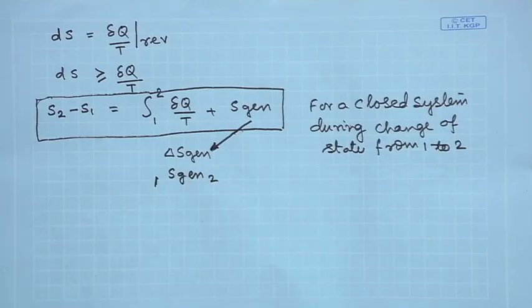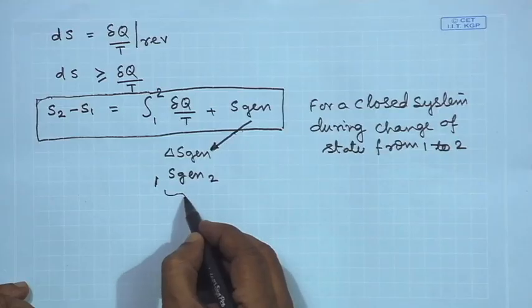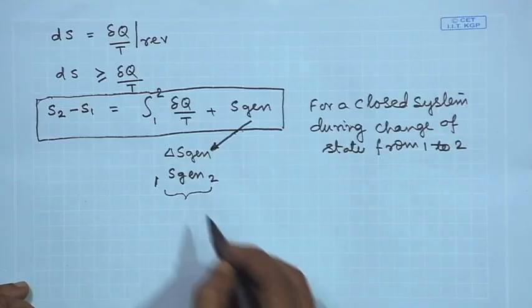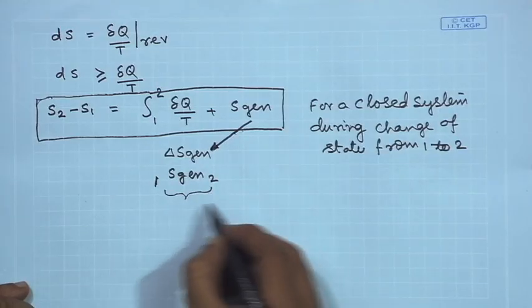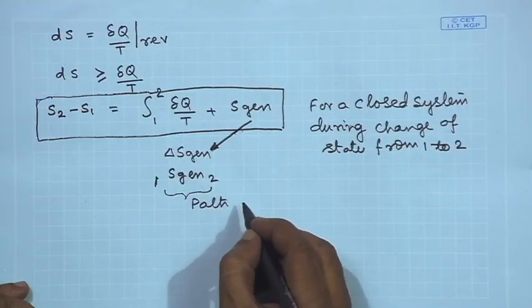During process 1 to 2, whatever generation of entropy is there, that is your S gen, and from this one can easily appreciate, because this concept is familiar to us, this is a path function, it depends on the path.